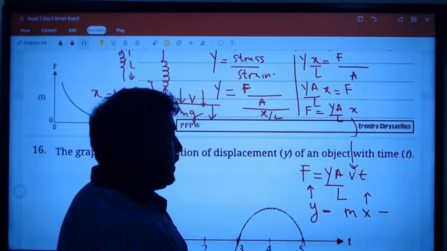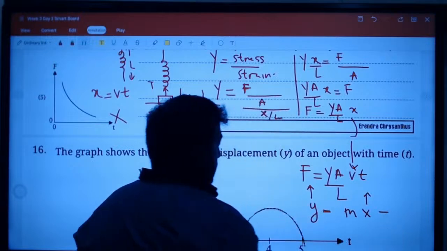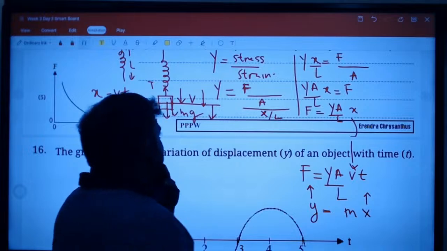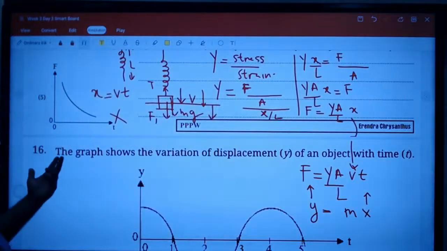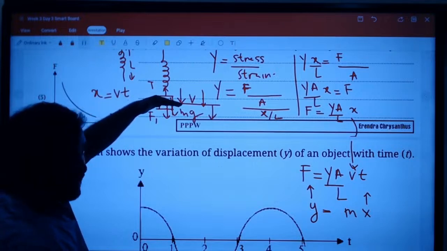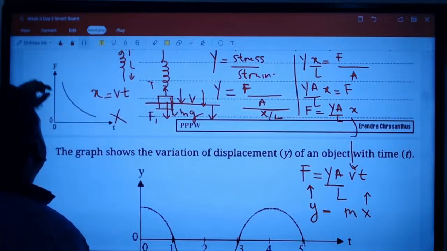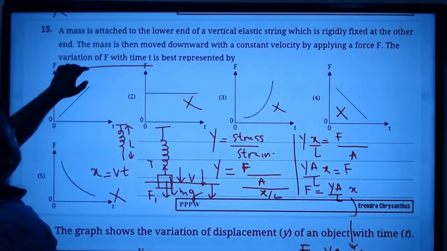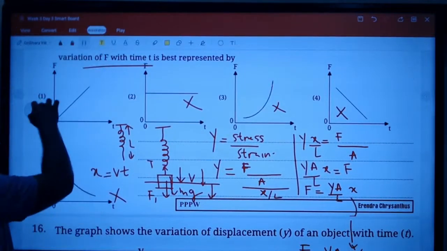Now write y equals mx form. So you realize it's not this, because they are saying after the mass is hung, from there only the extension. So anyway, you have only one answer here. Correct answer is answer number 1.